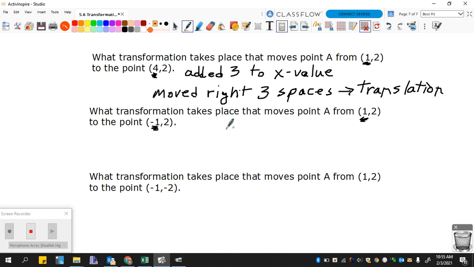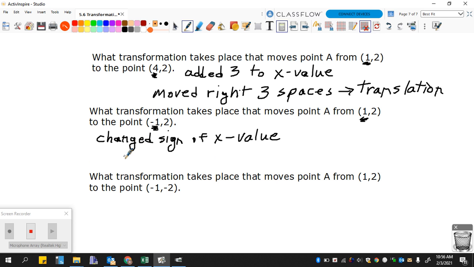That means we changed the sign of the x value, which is a reflection across the y-axis.